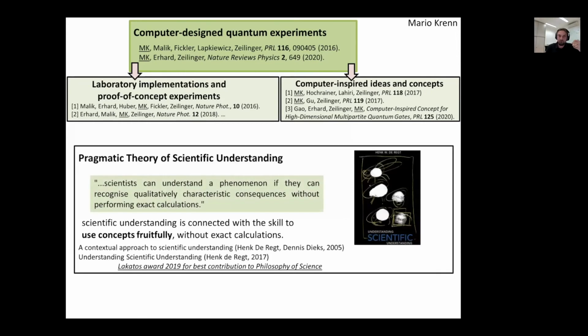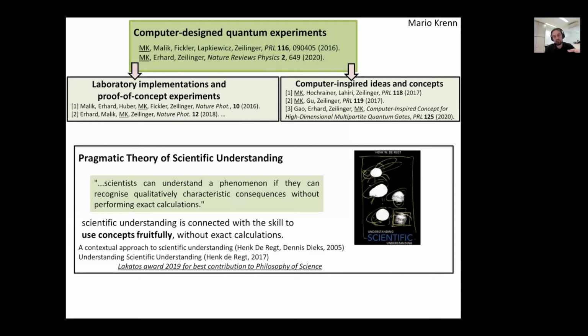Just a few years ago, the philosopher Henk de Regt published a prize-winning book exactly on that question. He has overviewed the development of scientific understanding and has given a new pragmatic way to think about it. He says that scientists can understand a phenomenon if they can recognize qualitatively characteristic consequences without performing exact computations.